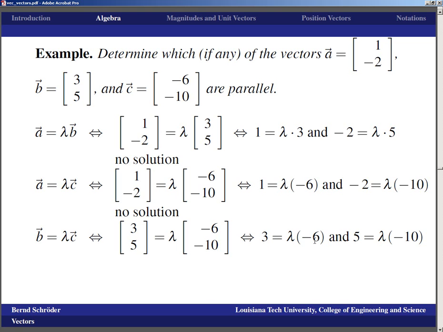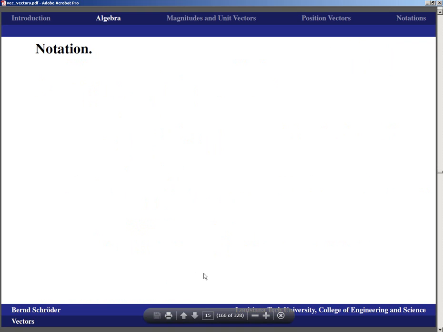If we solve that, we realize that lambda equals negative 1/2 solves both equations. That means b is parallel to c because b is a multiple of c. And if we want to be really specific, because the multiplicative factor is negative, we would say that b is antiparallel to c, and that's the only parallelism we have between any of the vectors in here.